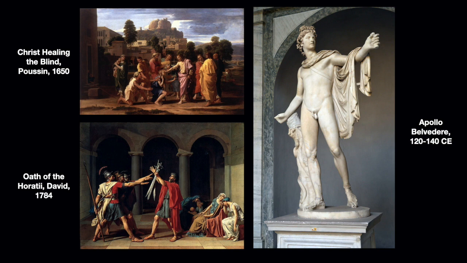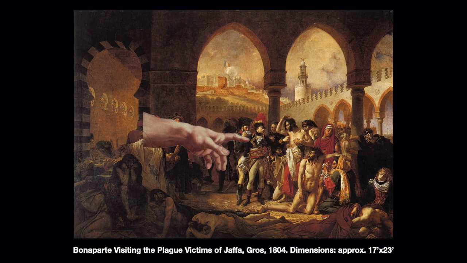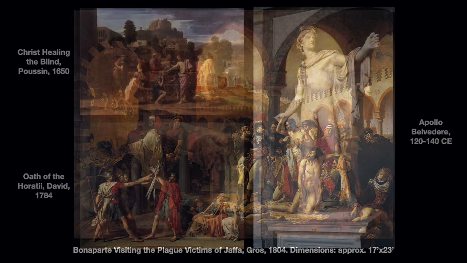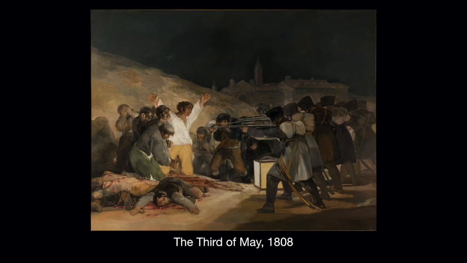He borrows the idea of Christ laying his hands upon the victims from Poussin, who was a very famous French painter before him. He was highly influential in the look of French paintings until the Impressionists came along in the 1860s. So by using this pose borrowed from Poussin, he is saying that Napoleon is Christ-like, unlike Goya, who makes the victim of Napoleon's army the Christ figure.